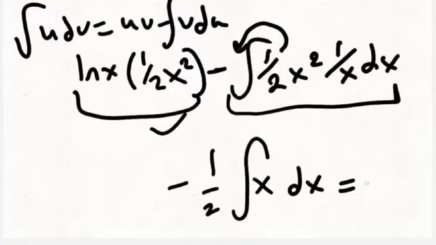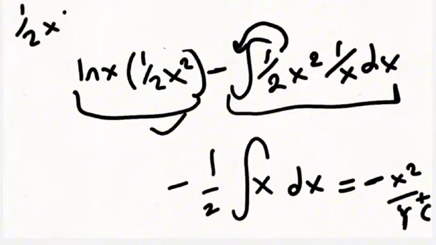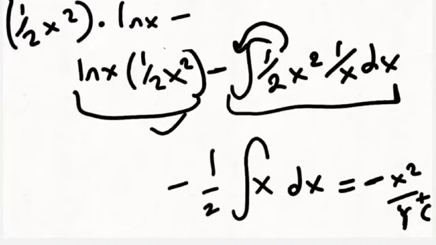And that's equal to negative x squared over 4 plus c. So our final answer is going to be 1/2 x squared times natural log of x minus x squared over 4 plus c.